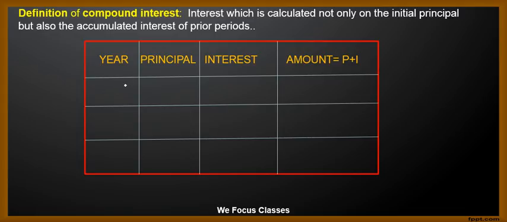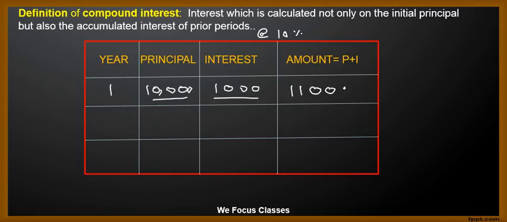Let us say, for example, for the first year, assume that you invested 10,000 rupees at the rate of 10%. What is 10% of 10,000? 1000. Now amount is nothing but principal plus interest. 10,000 plus 1000, which is equivalent to 11,000.